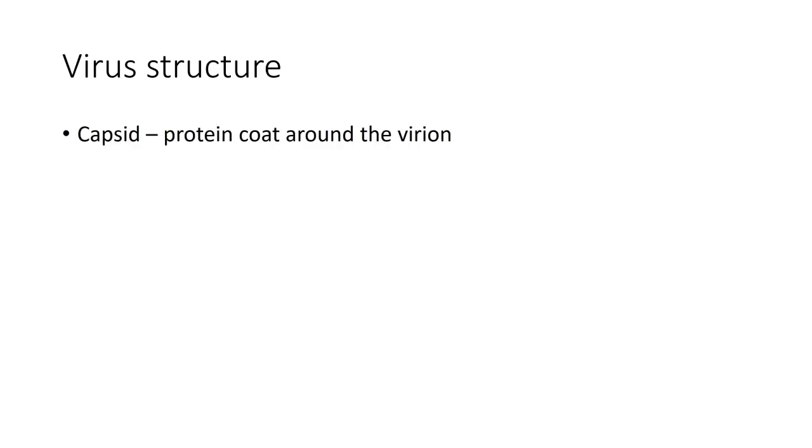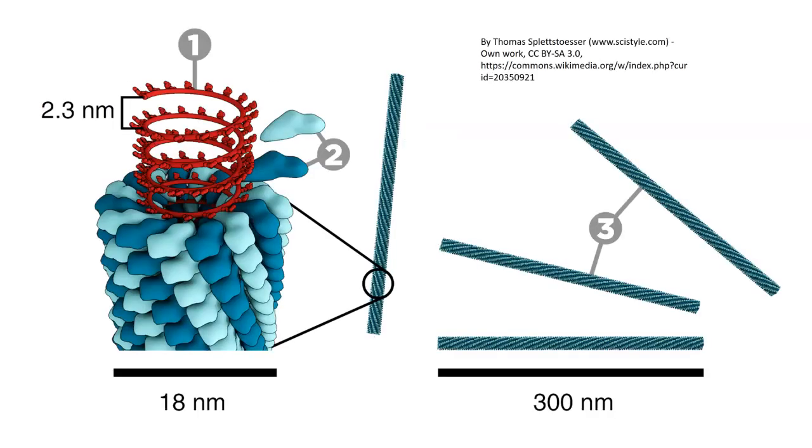Viruses have what we call a capsid, which is a protein coat that goes around the virus. When the virus is outside of the host, we call it a virion. So it's a protein coat around the outside of the virion. This is a picture of something that looks to be tobacco mosaic virus, and it's a very interesting picture. It looks like a bunch of soda straws with a bunch of parts wrapped around the outside of it.